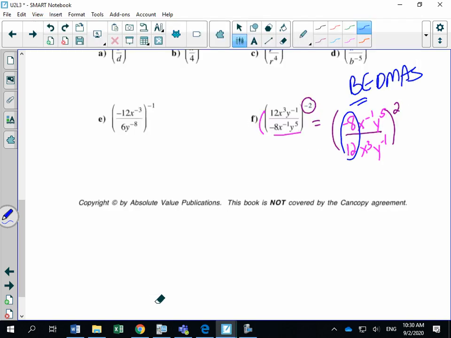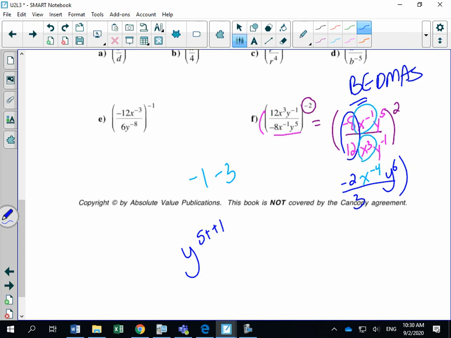That's negative 2/3. So they divided each of those by 4, right? Negative 2/3. My x's go together, and you're going to subtract those exponents. Negative 1 minus 3. That's going to be x to the negative 4. So you always begin by writing it on top. My y's are going to be 5 minus negative 1, which is y to the 6th.